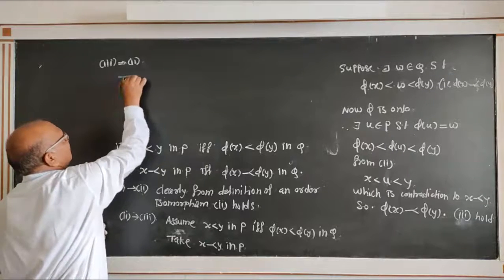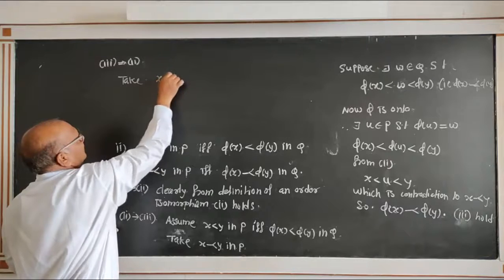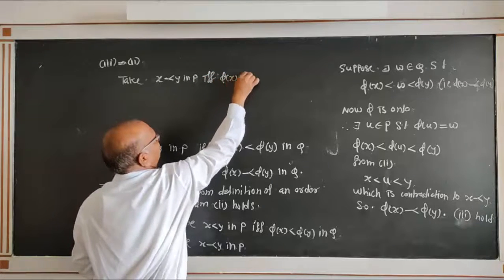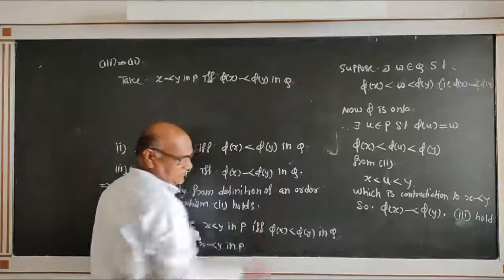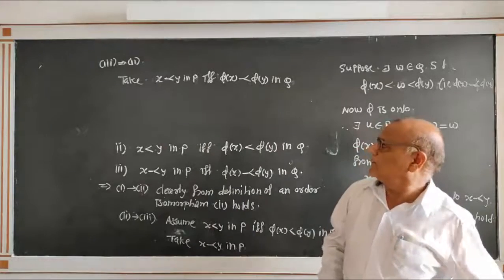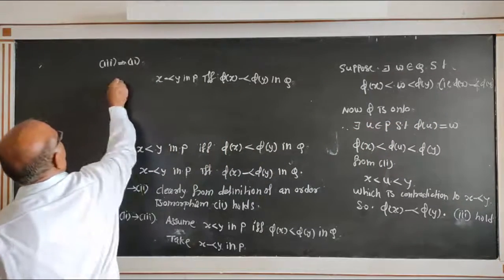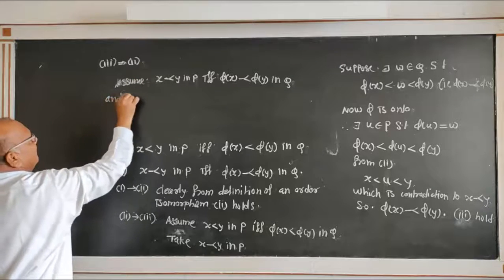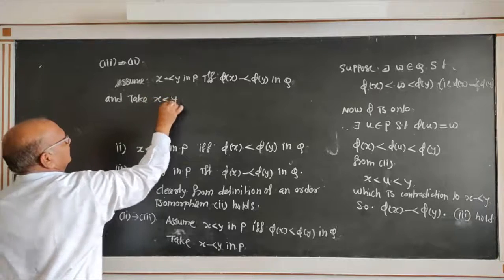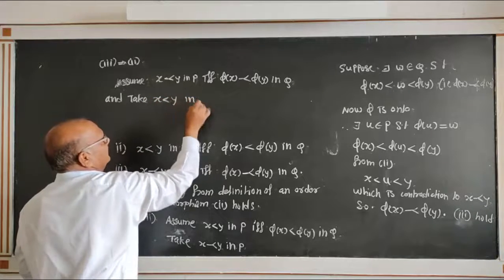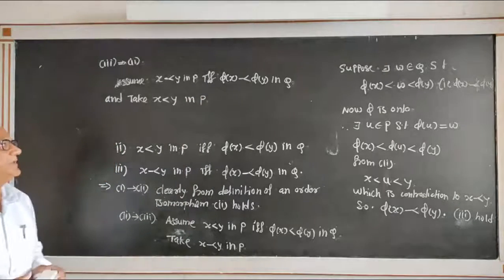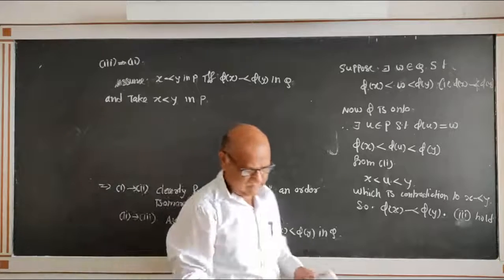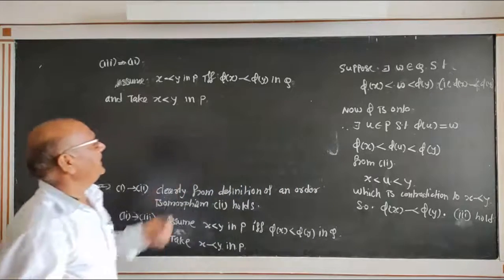Now take x covered by y in P if and only if phi(x) covered by phi(y) in Q. Assume this and take x < y, the strict relation in P. We show phi(x) < phi(y) in Q. P and Q are finite.